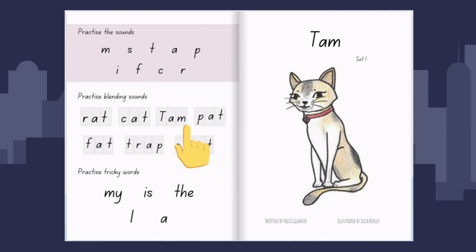We've already read that one. Tam. Pat. Fat. This one's a bit tricky. Trap. Spat. And now read your tricky words down the bottom.